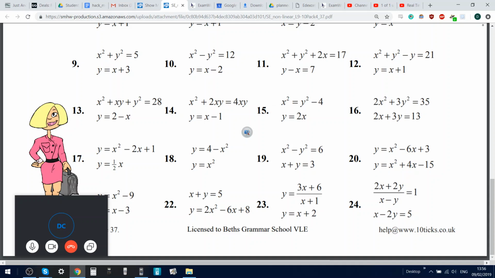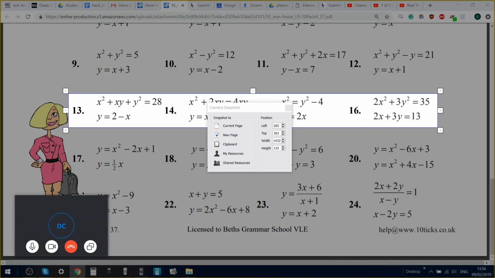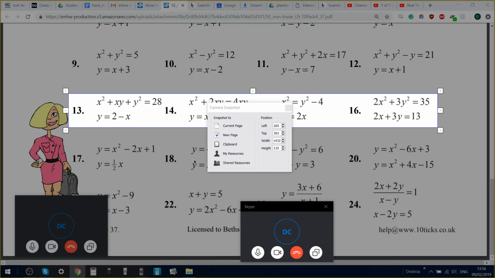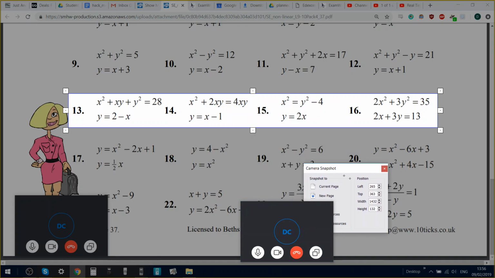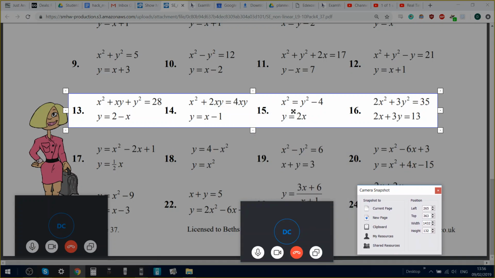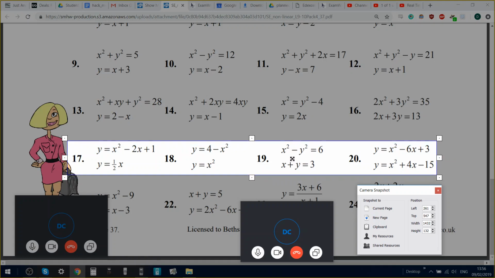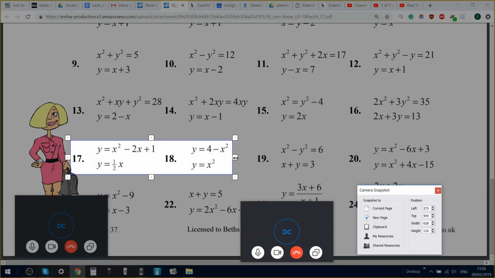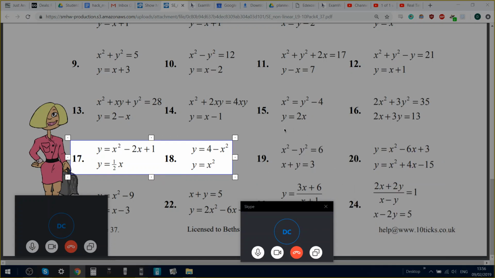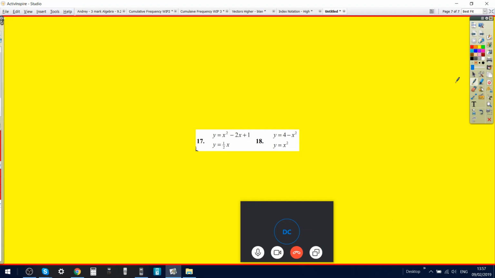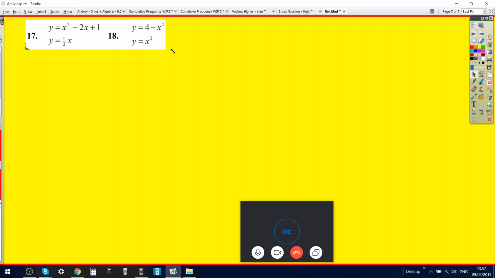So 17 is actually not too bad. Oh, 17, 18, there's a little trick. Just by looking at it, any idea what you would do? Get y to go to the other side, make it equal to 0. So you don't need to. If they're both already equal to y, what do you know about the two things?